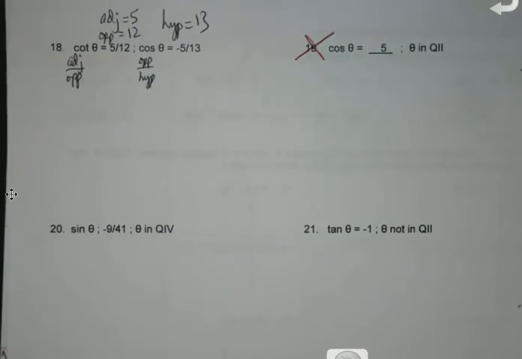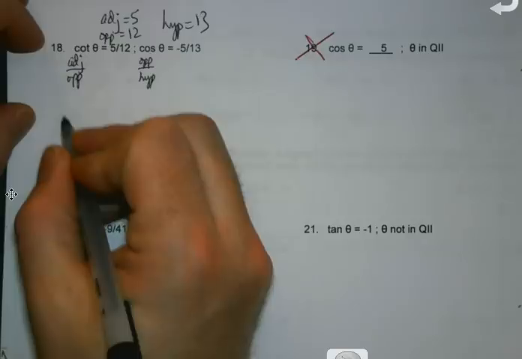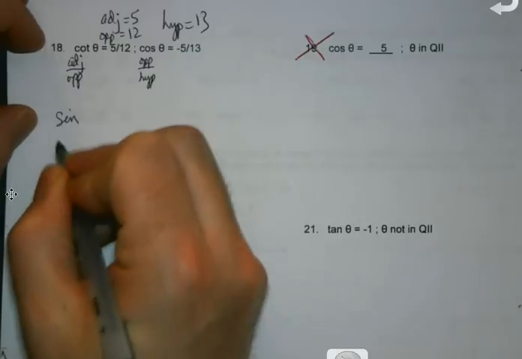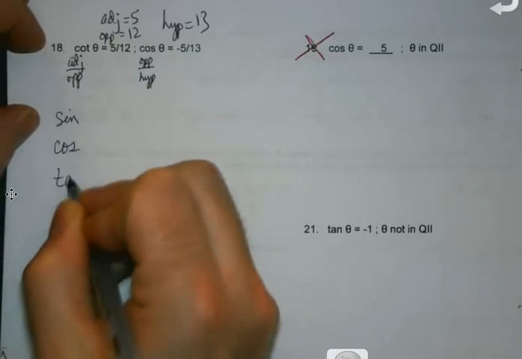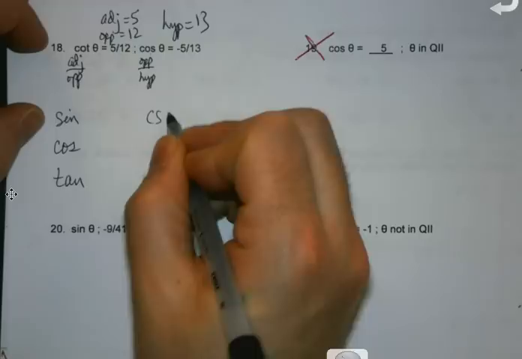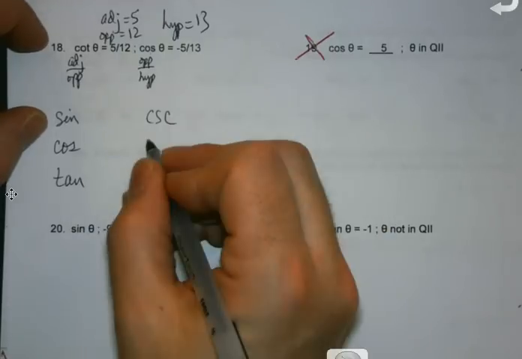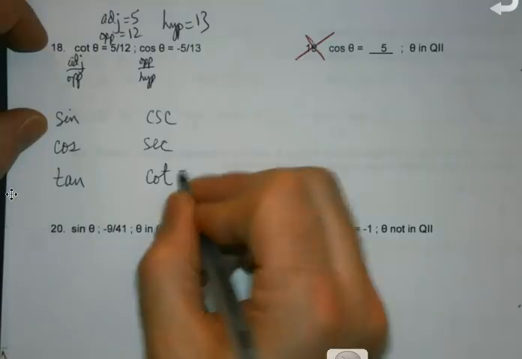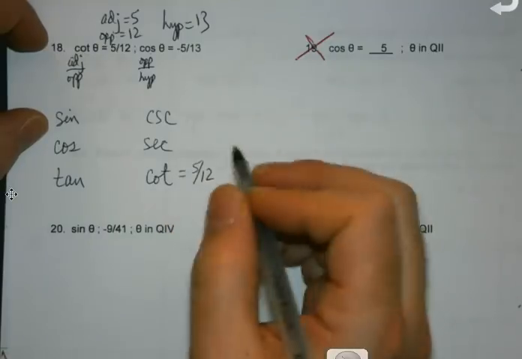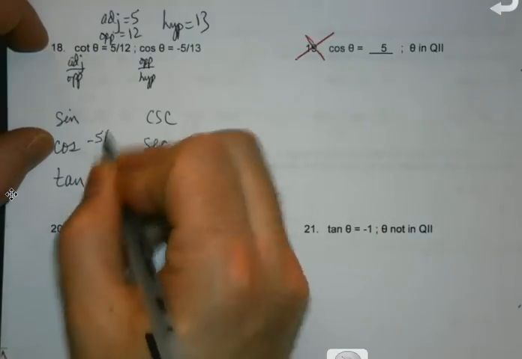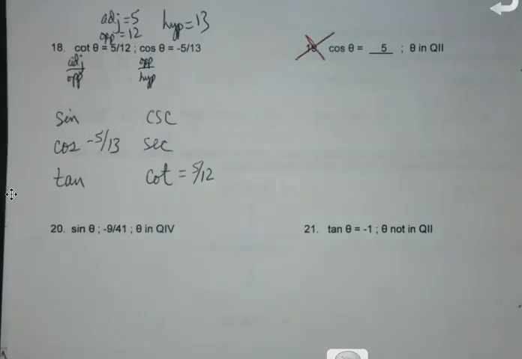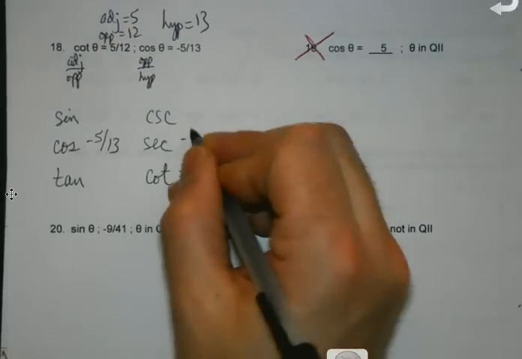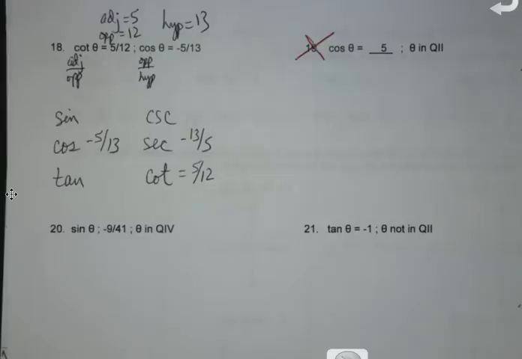So here's how I'm going to handle this. I'm going to get my trig functions ready to go here. I'm going to go ahead and calculate them, not paying any attention to my sign for a minute. So let's see. I know the cotangent's 5/12. I know cosine is negative 5 over 13. So right off the bat, I know 2 of these. Secant will be negative 13 over 5, because they're just inverses.